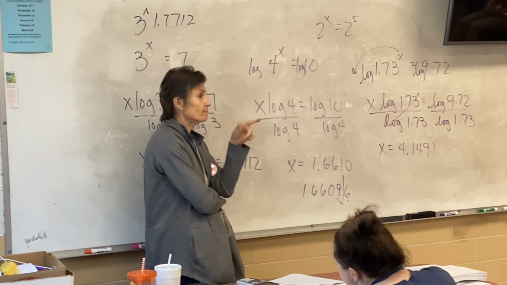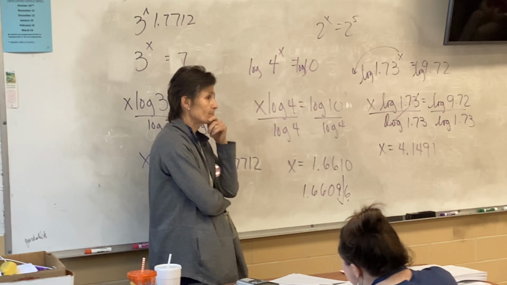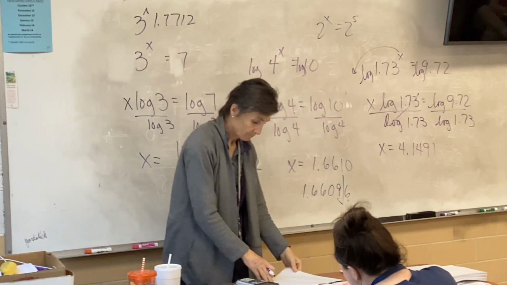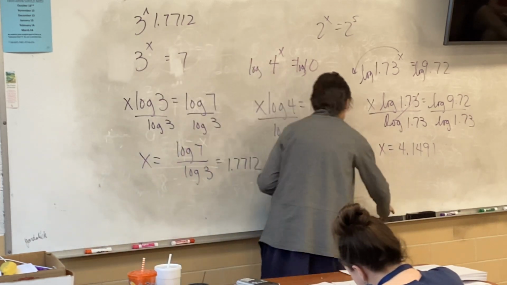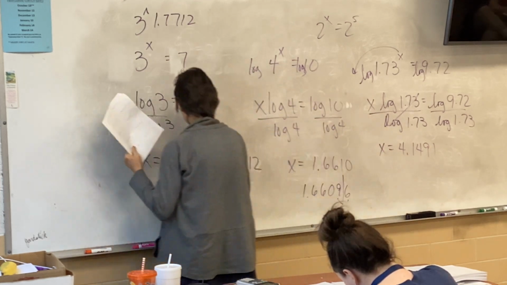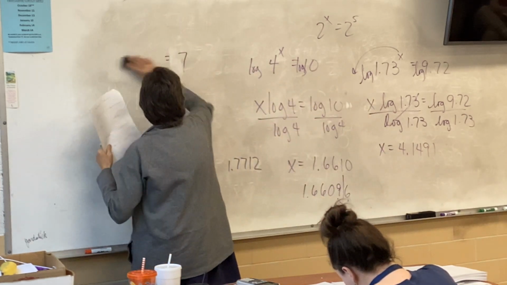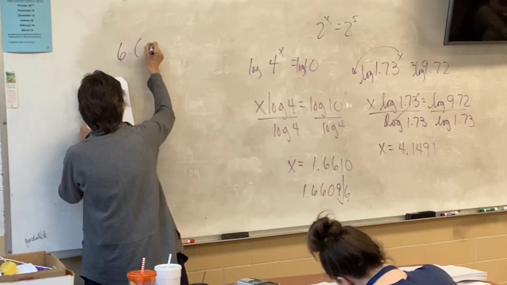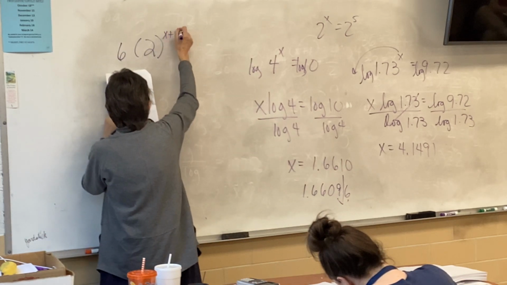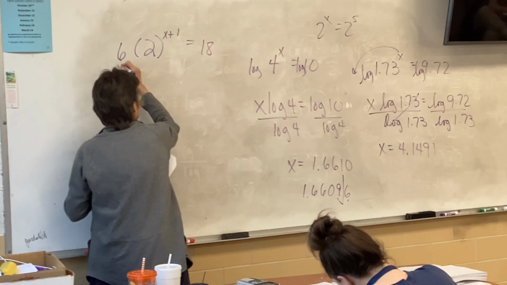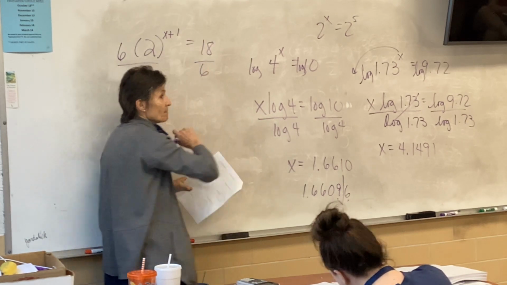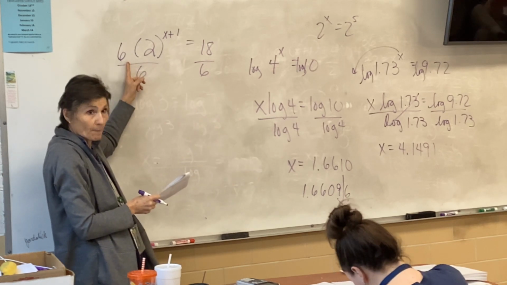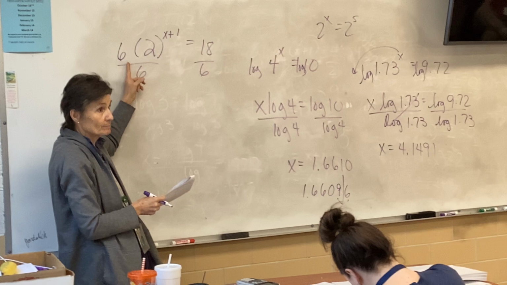Okay, are we following along here? All right, D. What do you think about D? Divide by 6. Guys, this is no different than before. You don't want to have this random extra number hanging around out in front.